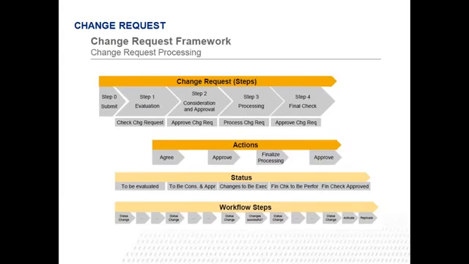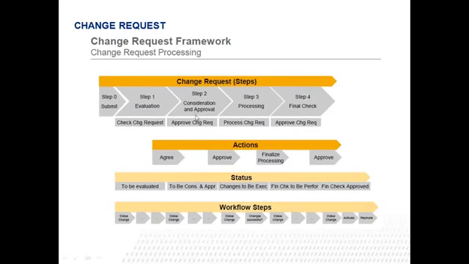When you evaluate the change request, you will tell whether you agree or disagree. If you agree, it goes to the next step. If you disagree, the change request may be cancelled.